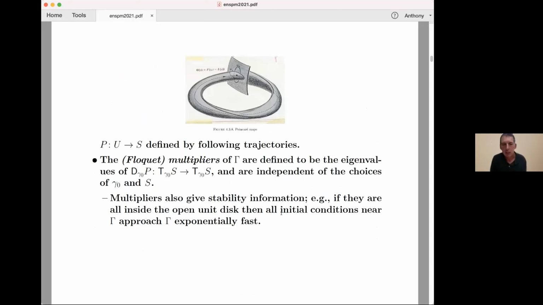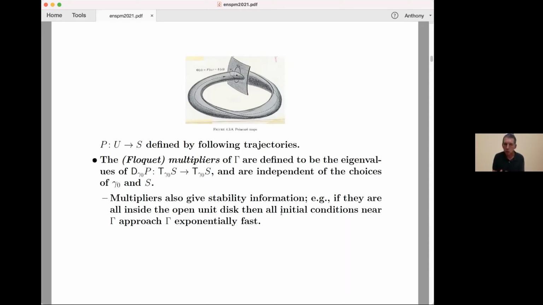Then I do something similar to the equilibrium case. I look at the stability of the map, which takes me from one intersection of the surface to another. So the Floquet multipliers are the eigenvalues of dP at gamma(0), the map which takes the tangent space of S at gamma(0) to itself. And again, the multipliers in this case give us stability information.